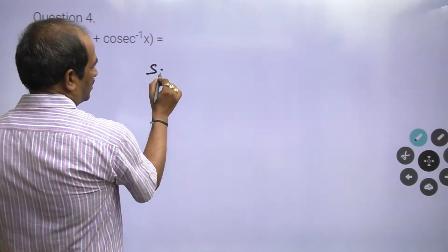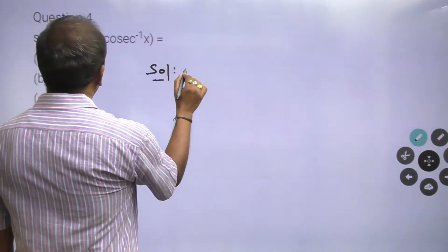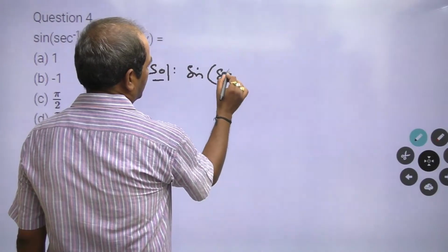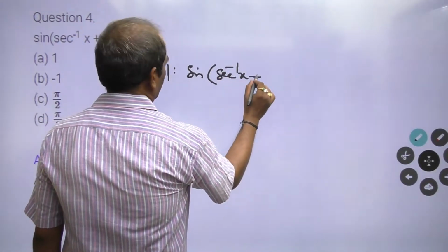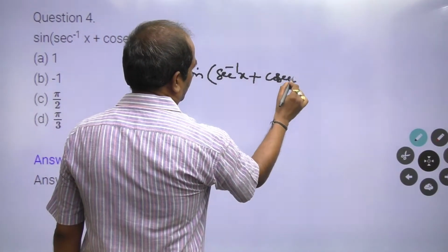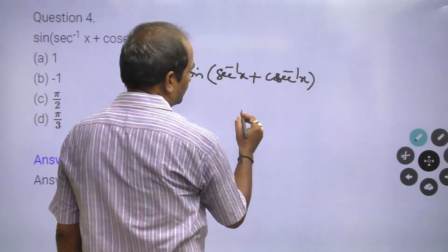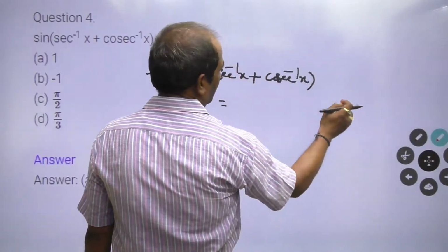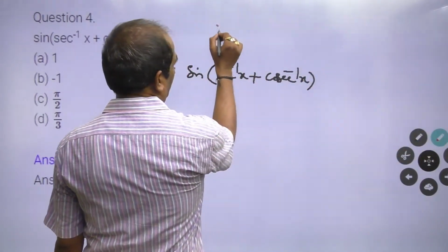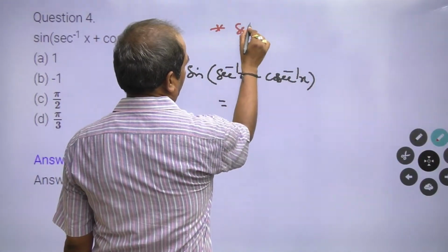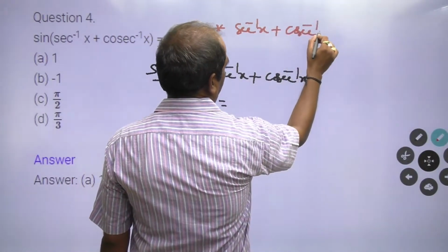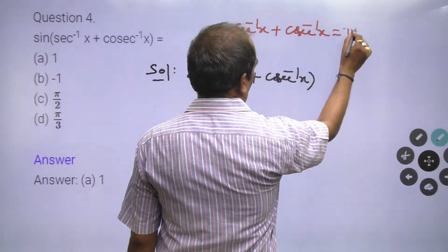In this solution, sine of secant inverse x plus cosecant inverse x. By the formula, secant inverse x plus cosecant inverse x is equal to pi by 2.